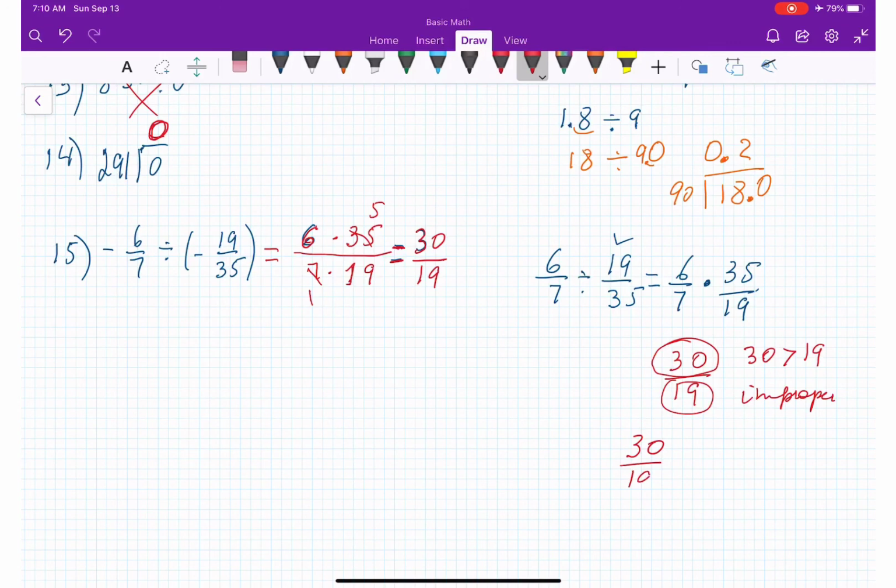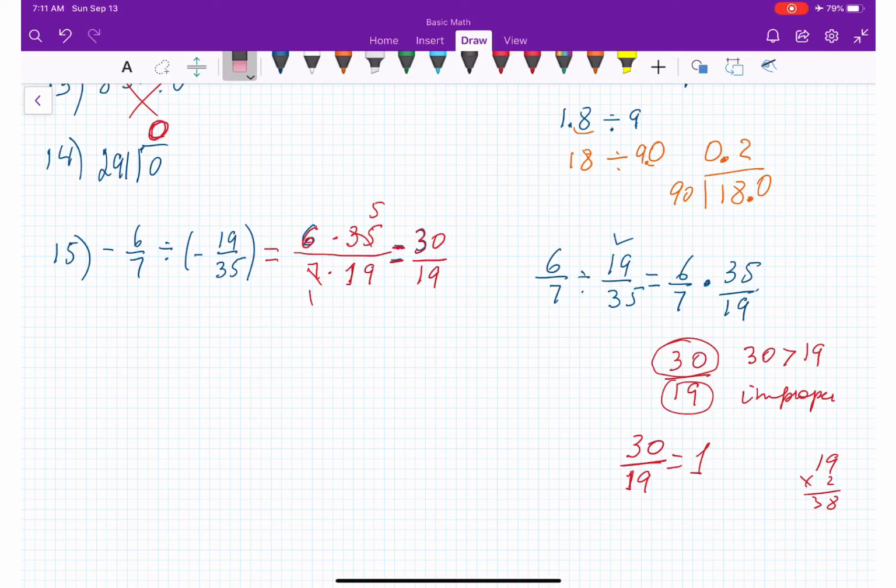30 over 19. So we divide. This fraction line is nothing else but division, which means we are doing 30 divided by 19. How many times will it fit? Twice 19 is 38, which crosses 30, so it's going to fit only once, right? 1 times 19 is 19.